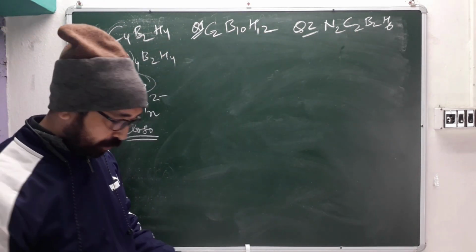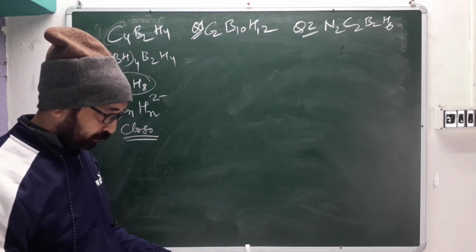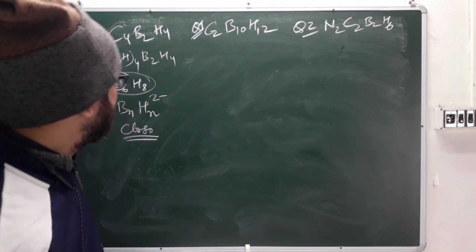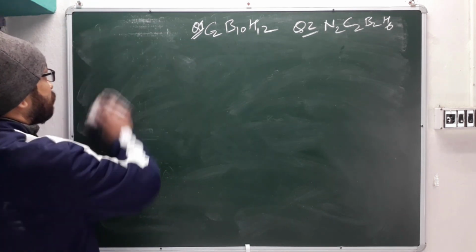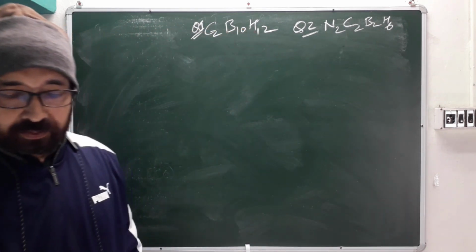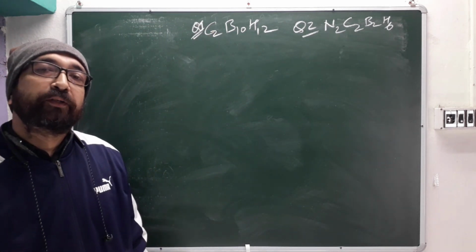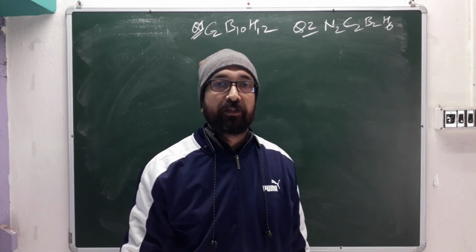Okay, the next topic I am going to take is geometry for closo. Geometry you calculate only for closo, not for arachno, nido, or hypo. Because one question they have asked regarding closo icosahedral: how many vertices are present in closo icosahedral.